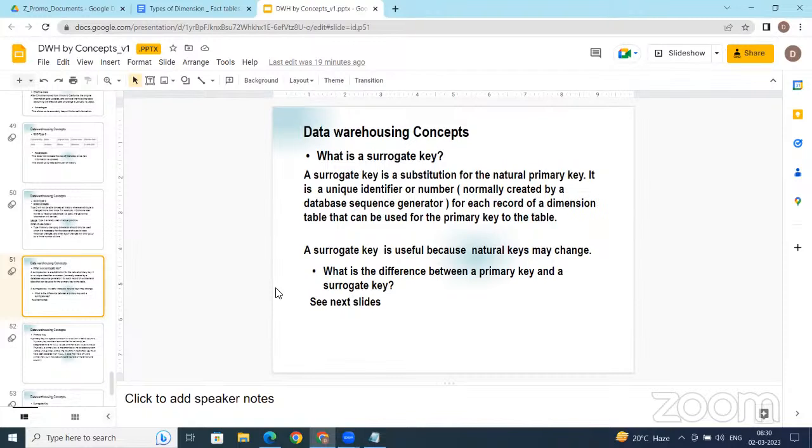Surrogate keys are created in dimension tables. Even though it was wrong, I boldly said so, and then I was not selected. I did not clear that interview. That was my third interview, I can say, after learning DataStage, after updating my profile.